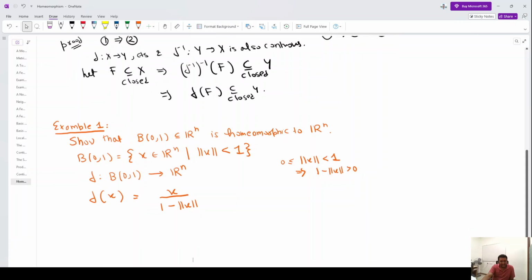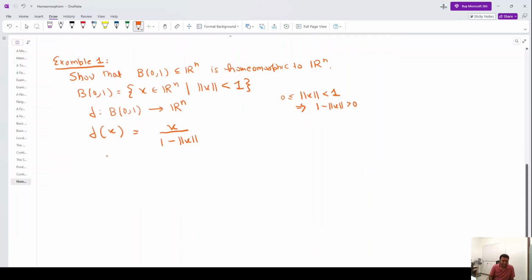Now we have to see its inverse. Its inverse is also not very hard to see. There are two ways. You remember how we find inverse in calculus, in real analysis? Let us find inverse like that. So let y equal to (y1, up to yn) belong to Rn. Consider f(x) equals y.